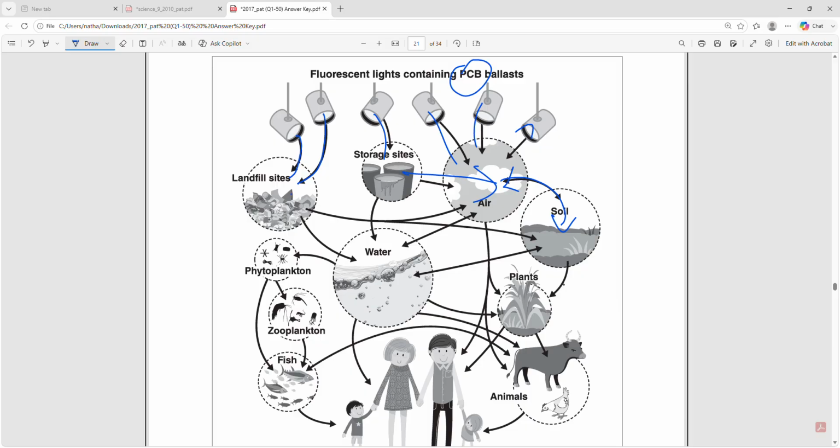Landfill sites, water, right, gets into the water because of rains, and again, this is talking about whether the conditions are correct to prevent that from getting into the water. It can get into the water, from the water into plankton, into zooplankton, into fish, and then into people again.